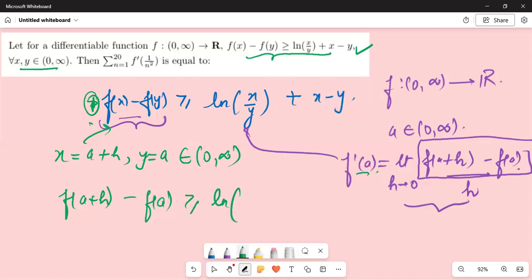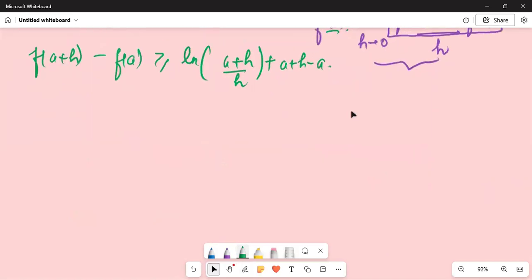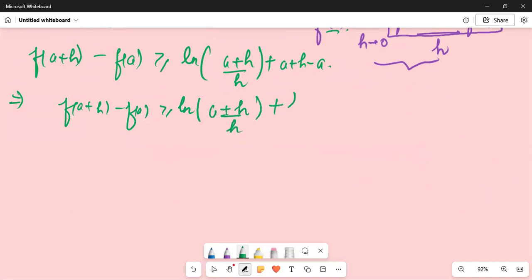So you are getting something of this sort. This implies, now you know that using the property of log, you can separate the numerator and the denominator.